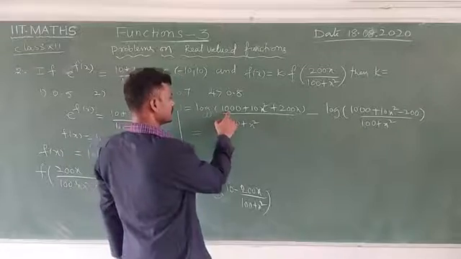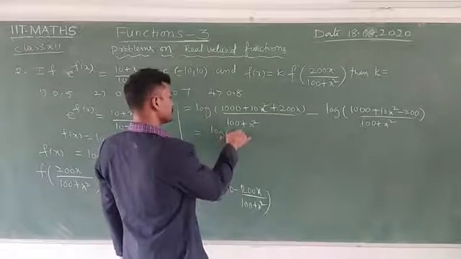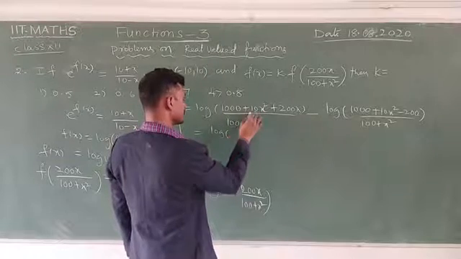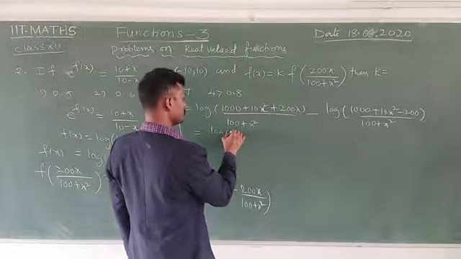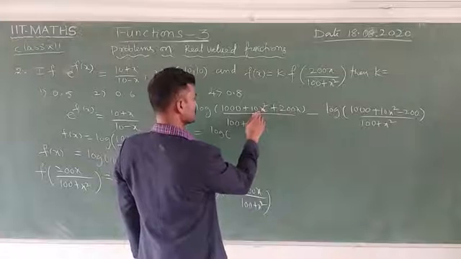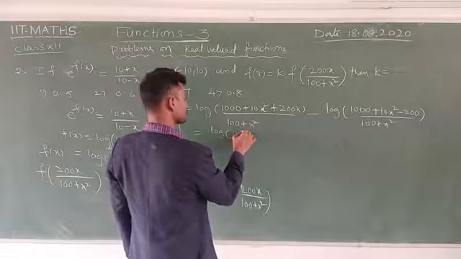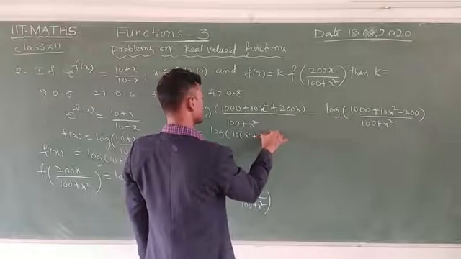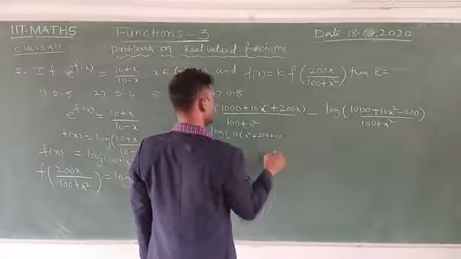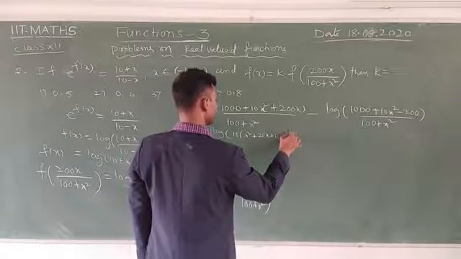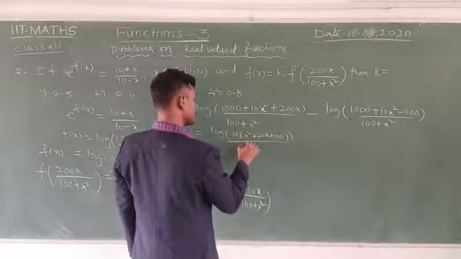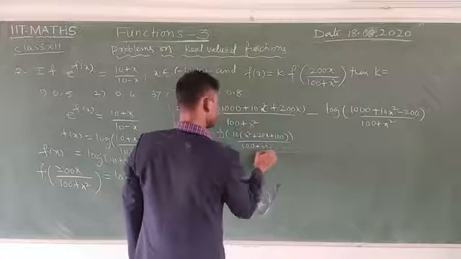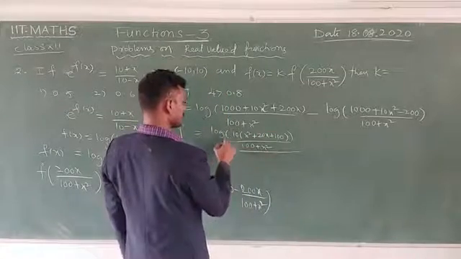Now see here, this is log, here 10 you can take common. With 10 common, this is written as 10 times (x square plus 20x plus 100) whole by (100 plus x square). Now this is written as log a by log b.